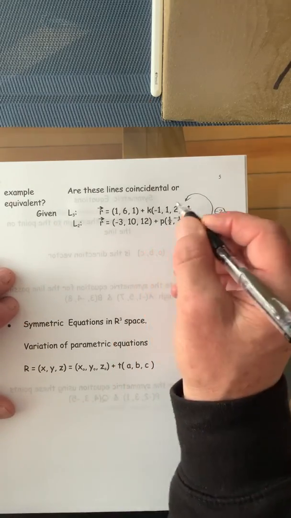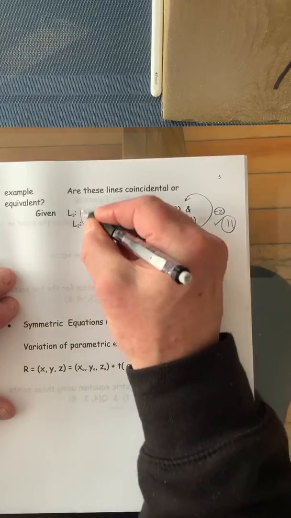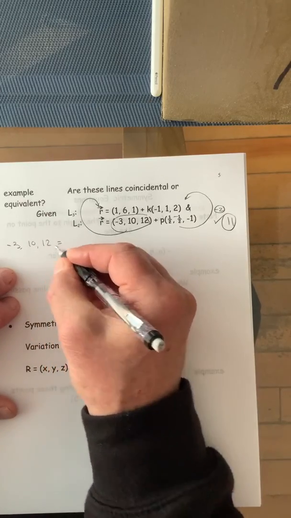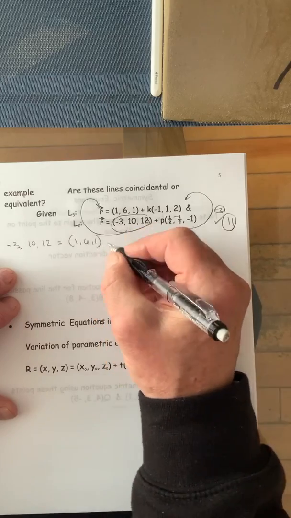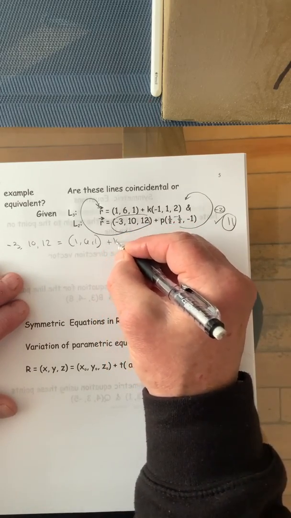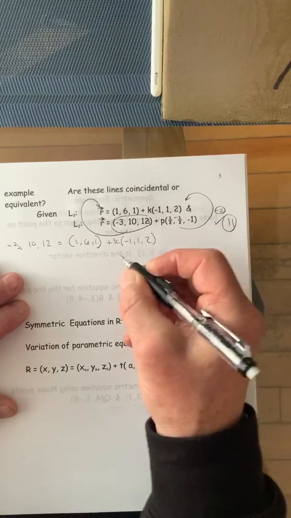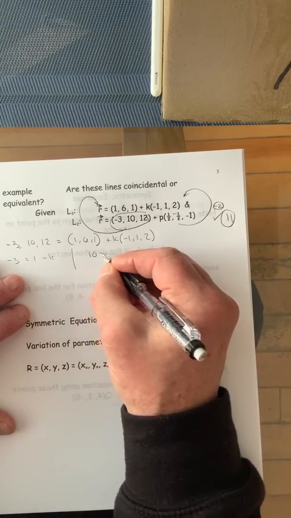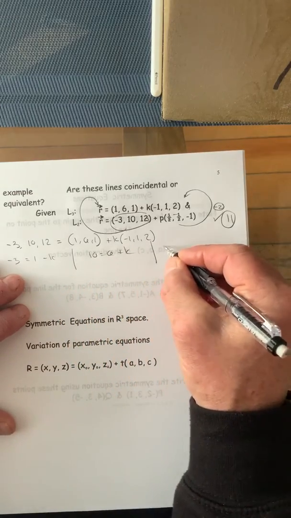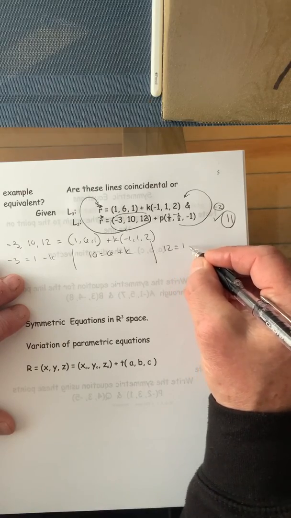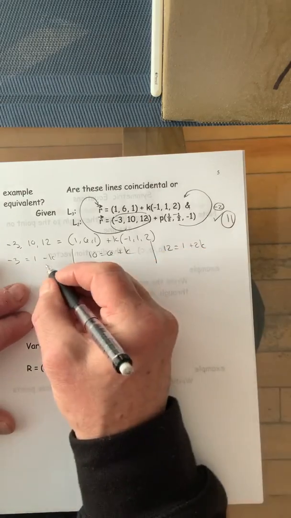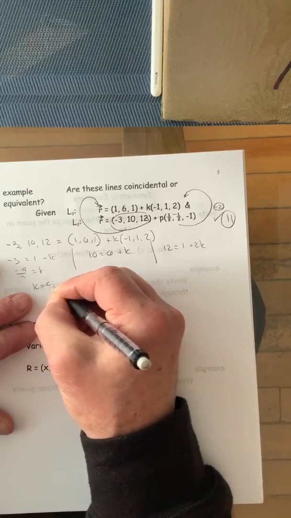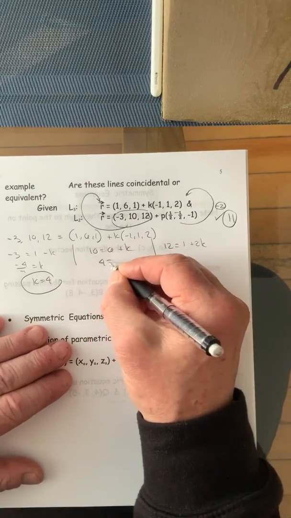I'm going to pick this point and I'm going to put it into here. (-3, 10, 12) equals (1, 6, 1) plus k(-1, 1, 2). -3 equals 1 minus k. 10 equals 6 plus k. 12 equals 1 plus 2k. -4 divided by -1 equals k. k equals 4. 4 equals k.